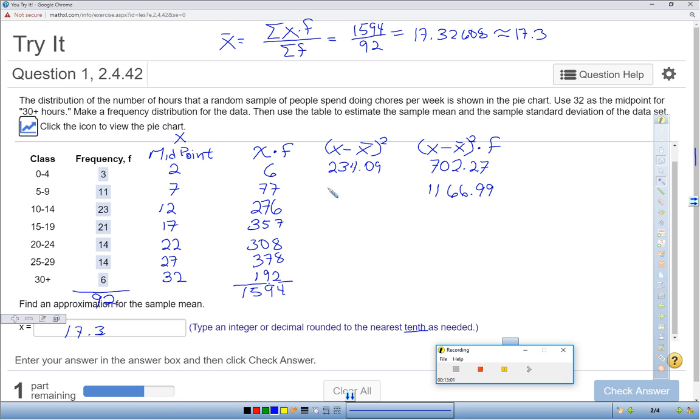We can use this, but actually I need only this product. So let's do the next one: again the midpoint minus the mean. The midpoint is 12, minus the mean, 17.3, equals, then square. For this, I get 28.09.